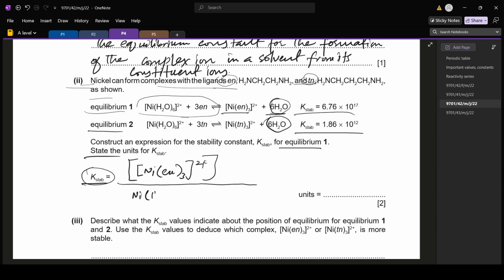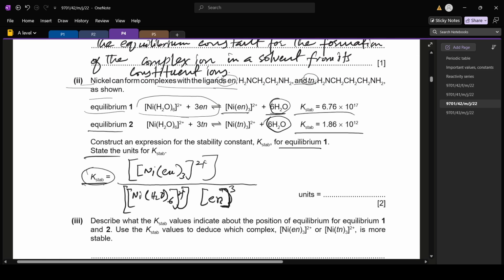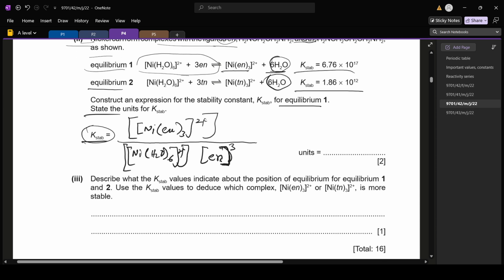This is the concentration of reactants, and en, and the power on the en will be 3 because there are 3 moles of en. So the moles in the equation will be the powers in the expression. And what are going to be the units?